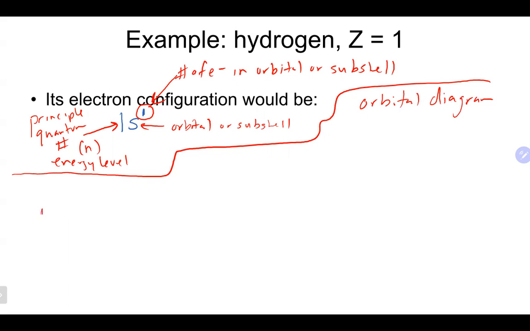So if we were to do hydrogen, I'll use boxes. We'll use a box to represent the 1s orbital because there's only one of them. The first electron that goes in is oriented in the upward direction by that arrow. So that is our one electron that's hanging out there in our 1s orbital. Any questions on that there?